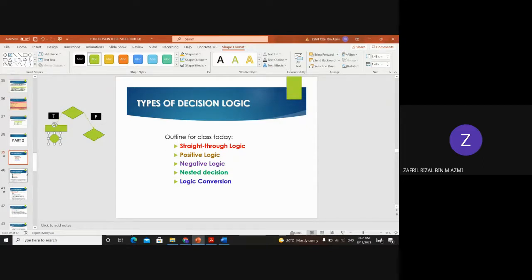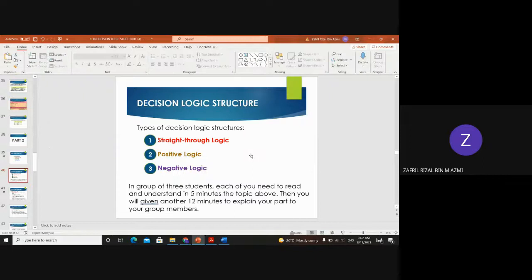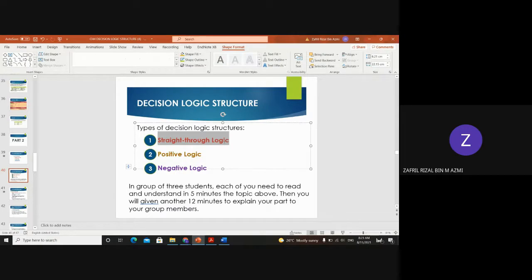Alright. Let's look at the straight through logic. Positive logic we already covered. So straight through logic is the least optimum solution. So if you can avoid, please avoid using this one. It's not good for your program because there's a reason for that.